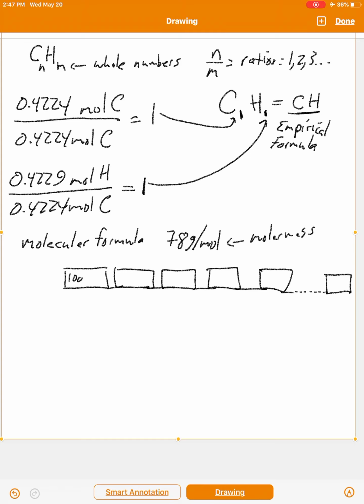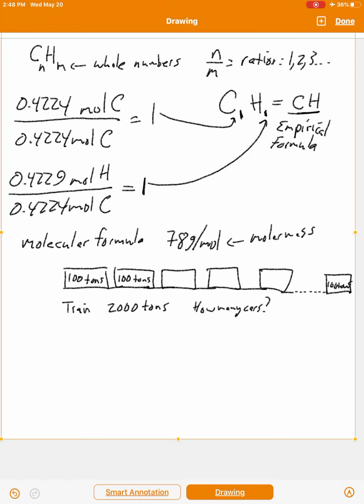Let's make it 100 tons. All of them are 100 tons. And then I tell you that together the train weighs 2,000 tons.